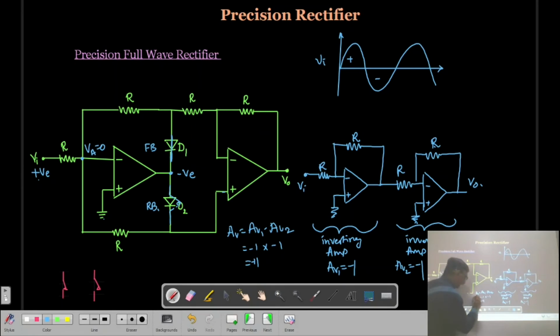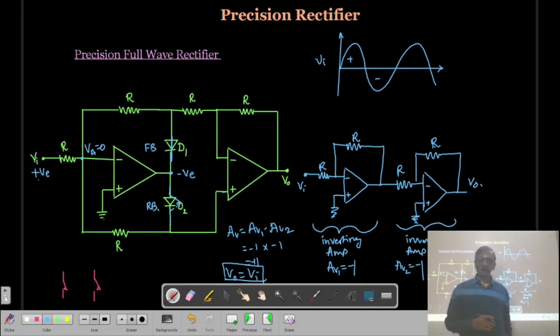So, what is this? It means VO is equal to VI. Whatever my input voltage is, the same output voltage will be present if the input is a positive cycle.